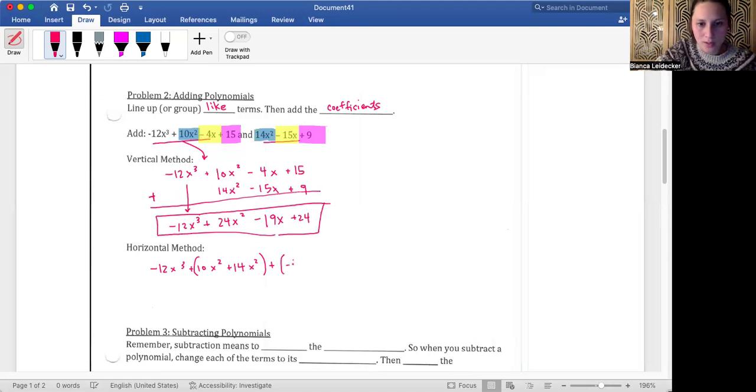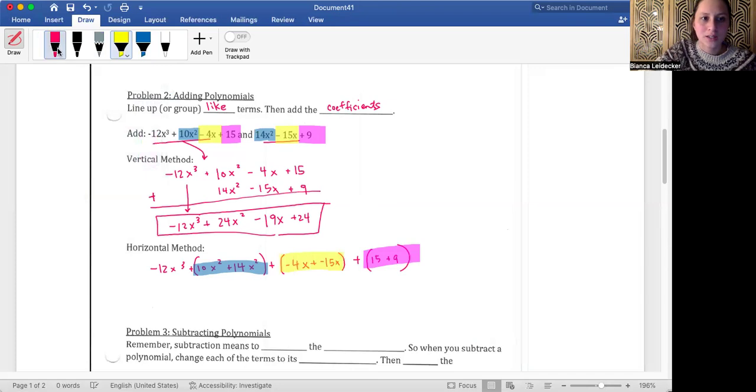I look at this as a negative 4x plus a negative 15x as one group. And then I'm going to add 15 plus 9. So I'm going to bring my colors back down. The purples I put together, the blues I put together, and then the yellows I put together.